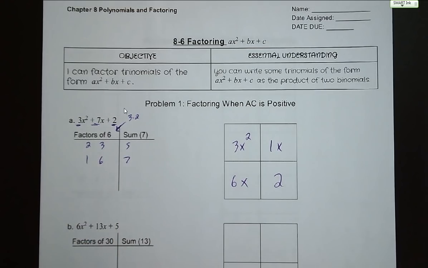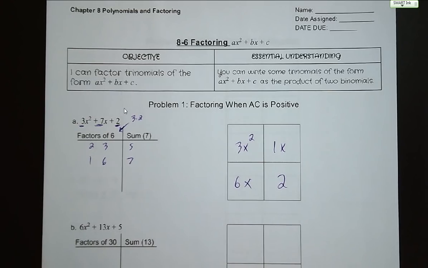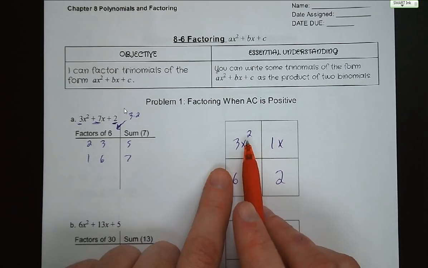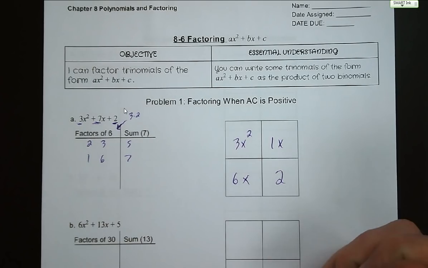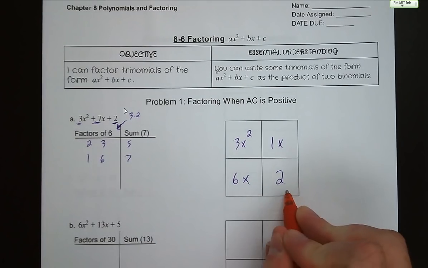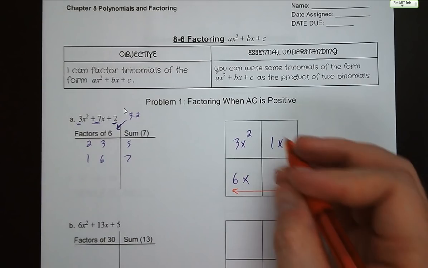So now we need to actually find common factors in our rows and in our columns. If you remember back to when we first started multiplying binomials in lesson 8.3, I showed you using the table method. So now we have the table, we just need to move outside and find what's on our outer edges that we're multiplying. What are my common factors from this row? Well, I have a 6x and a 2, so my common factor here is a 2.